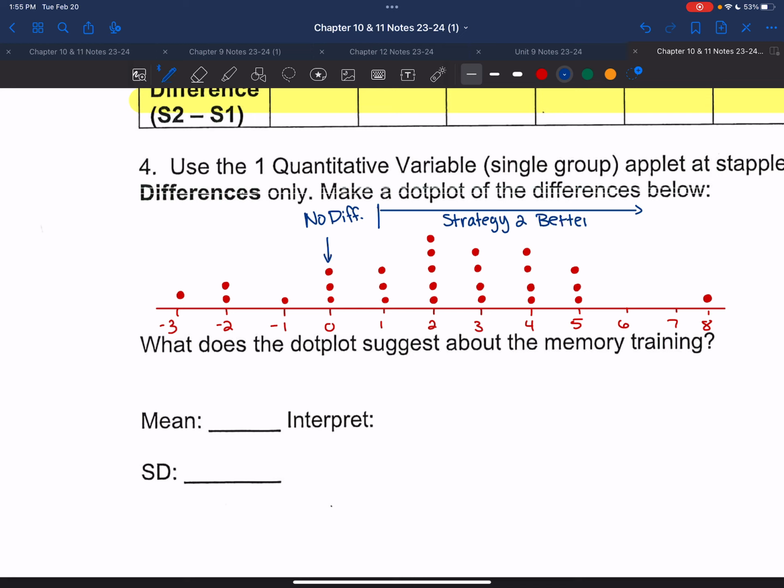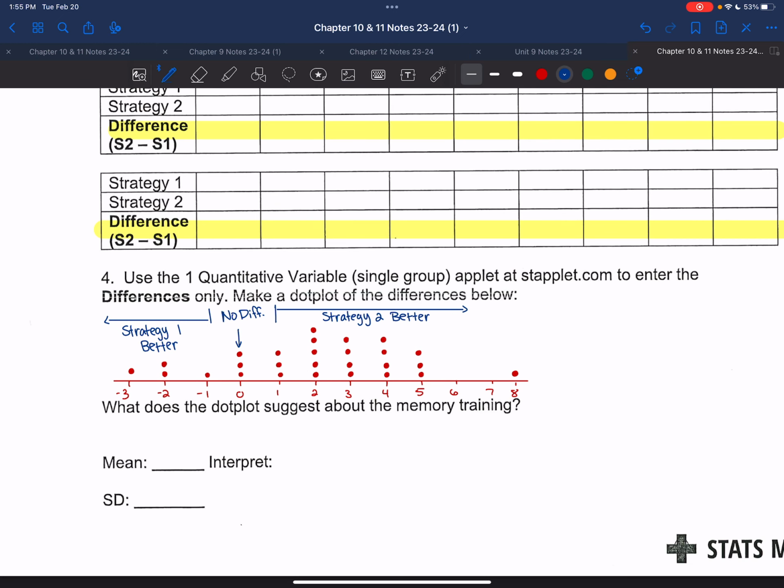If you think about it, strategy 2 minus strategy 1, you get a positive value. That means that strategy 2 is better. And if you had a negative value, that means strategy 1 was better for you. And so this dot plot represents the differences. In parentheses, I'm going to put strat 2 minus strat 1.